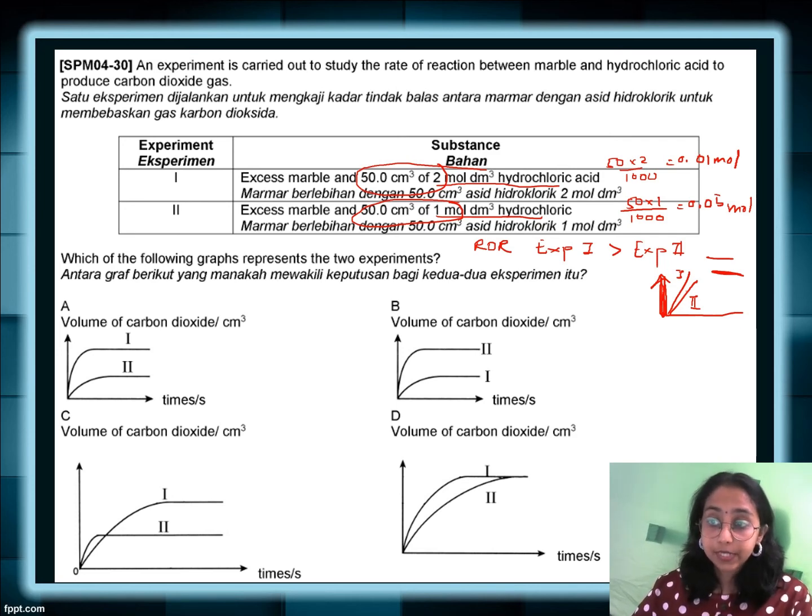You have to see based on the number of moles. Okay, as you can see here, the number of moles for both are not the same. So we are having two different lines, and one is higher than 2. So please label it 1 and 2. Then you go and match them. So when you match them, you should be able to get the answer. The answer is A. That's the curve for this experiment.